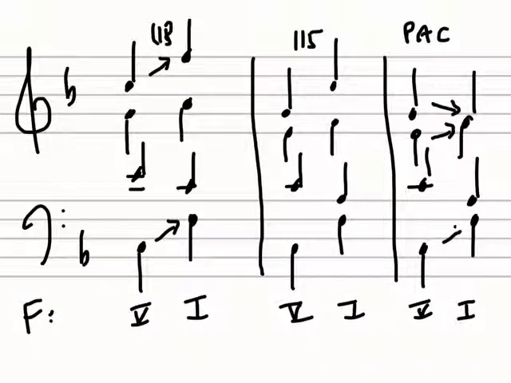If the bass goes sol, do, or 5 to 1, I need a third in that 1 chord. That happens in the tenor. And we're okay, momentarily at least, to have 3 Fs, that's a tonic, and 1 A, that's a third.